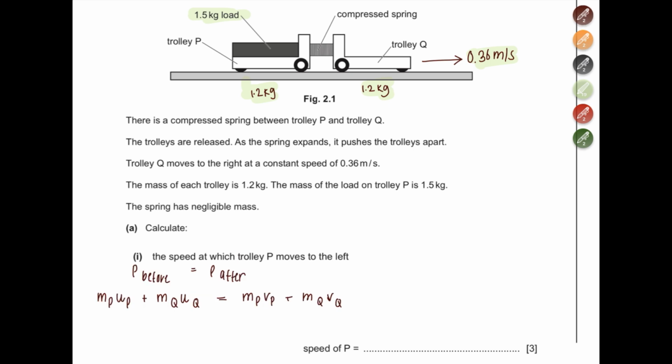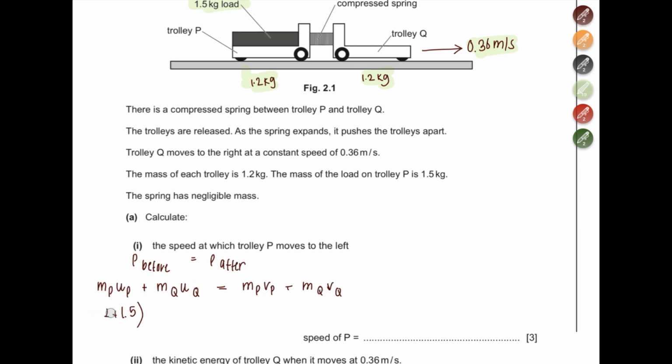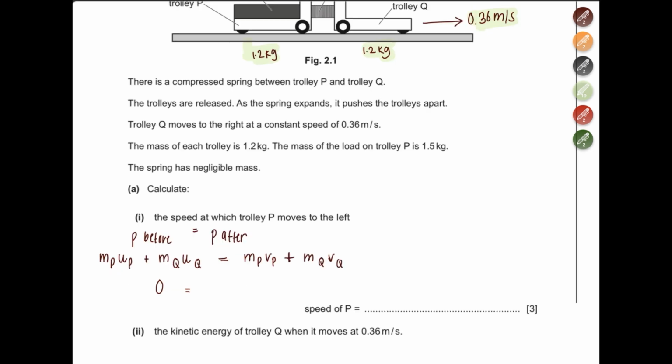Let's write down our values. Both of them were at rest, so both initial velocities are 0. Now let's find the momentum of trolley P first and then trolley Q.